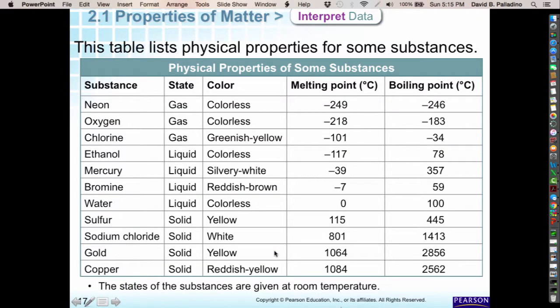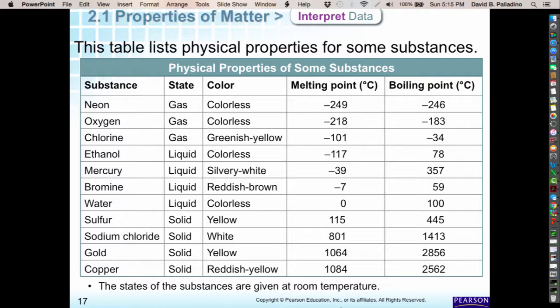All right, this table here has some physical properties of different substances. We have some gases, we have some liquids, and we have some solids. I've listed the colors, or the lack of color, that these substances have. I've also given the melting point and the boiling point.